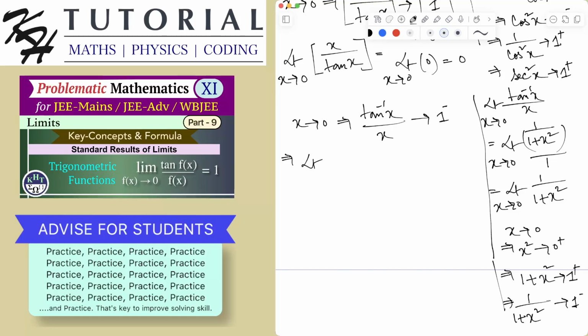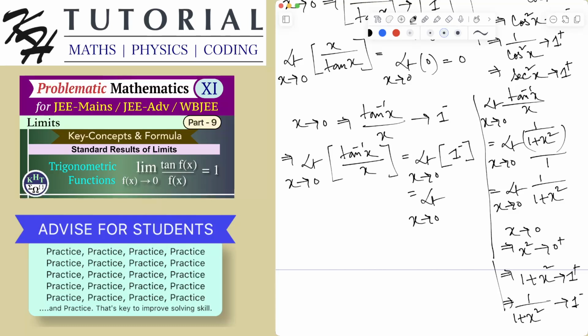So this means that limit x tending to 0, box of tan inverse x by x. Now when x tending to 0, tan inverse x by x is tending to 1 negative, that is its actual value will be a little less than 1, and then this is the box of 1 negative, which is equal to 0.